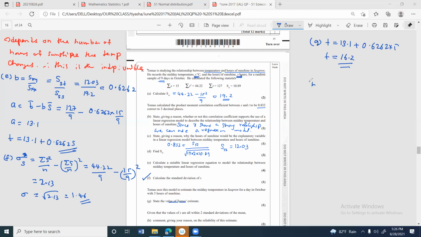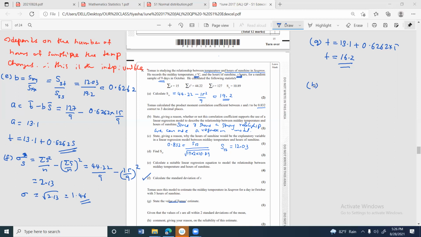Given that the values of S are all within two standard deviations of the mean, comment on the reliability of this estimate. What you can understand is that this information is within the range. Given that the values of S are within two standard deviations of the mean, that is correct.